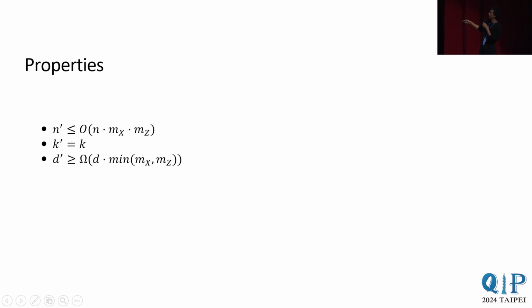And when you input a good code, so you have k scaling as n here, and d scaling as n here, you can compute all that and see that it does match the optimal parameters for the BPT bound.